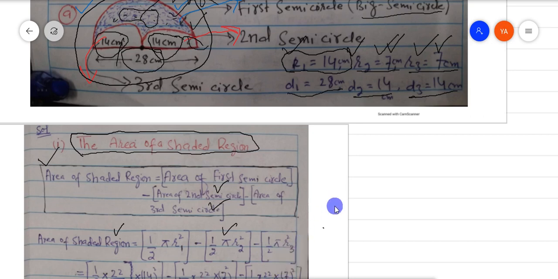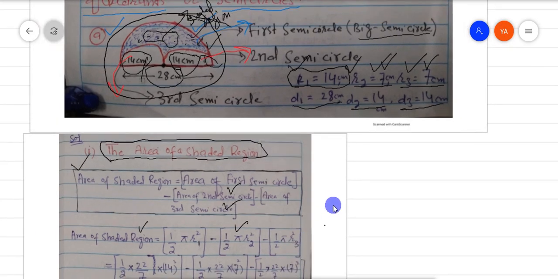Again, the area of the third semicircle is 1 upon 2 pi R3 square, where R1, R2 and R3 are mentioned at the top of the problem. So now we have to just put all these values in this formula.